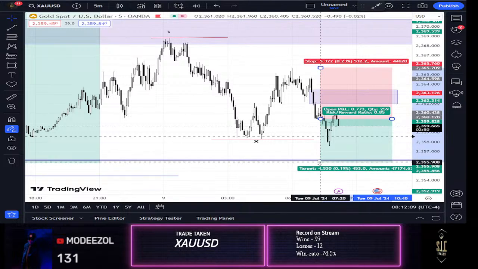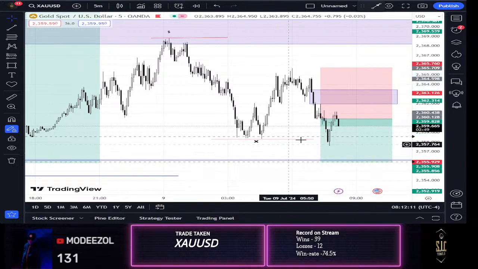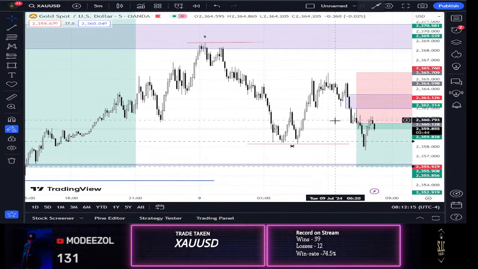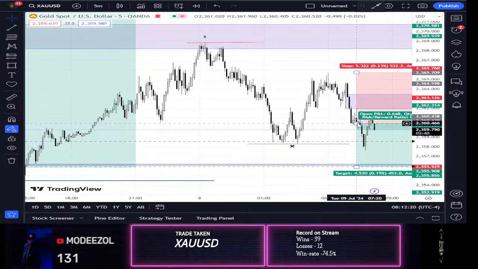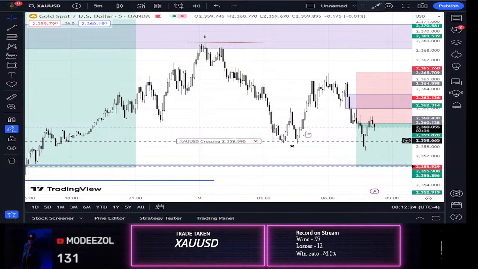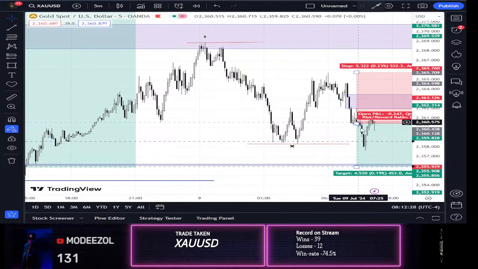There's an alert right there. I got in here because I saw liquidity sitting right here, and I thought we would go ahead and aim for that. We did get that.